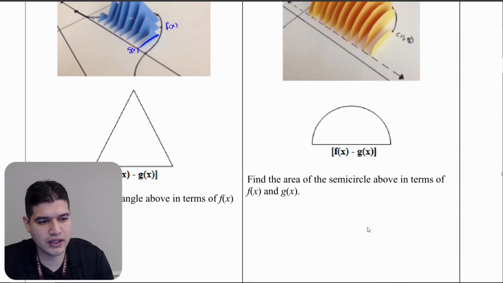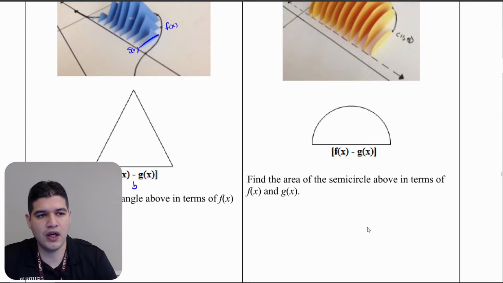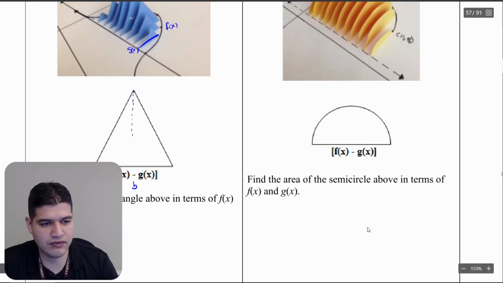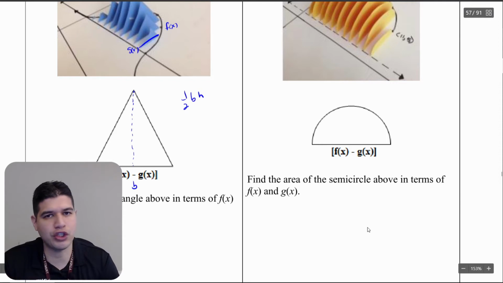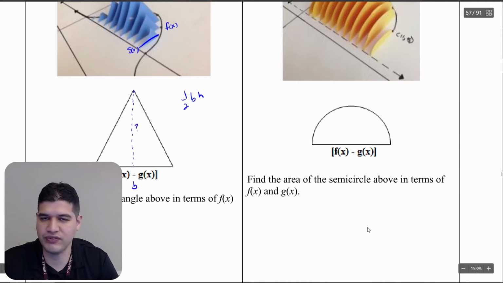I'm going to say this is B right now. From geometry, we know we need 1/2 the base times the height. We don't want this in terms of two variables, we want it in one variable, so we ask ourselves what we can figure this out with.